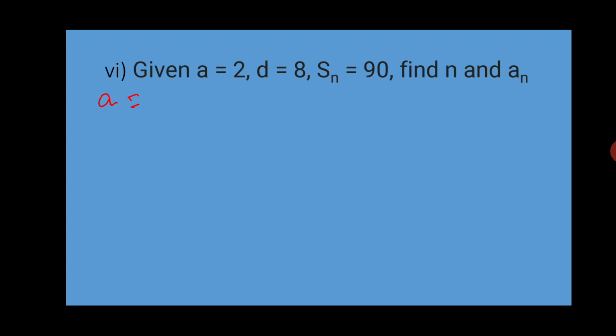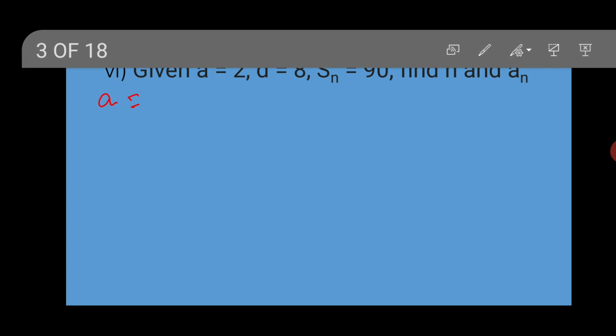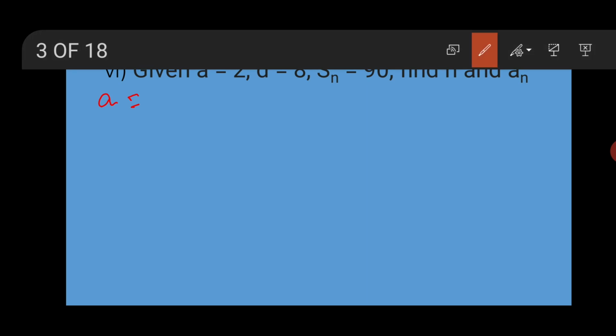It is equal to 2. a value is 2. And what is the value of d? It is also given. We will write one by one. a is 2, d is equal to 8, Sn is equal to 90.